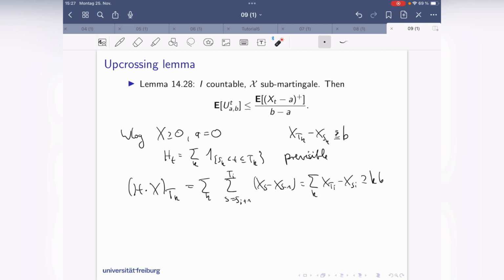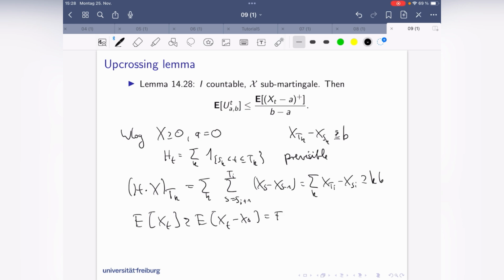And I also know that h times x here is a martingale or submartingale, and I can compute something. The expectation of xt is at least the expectation of xt minus x0.